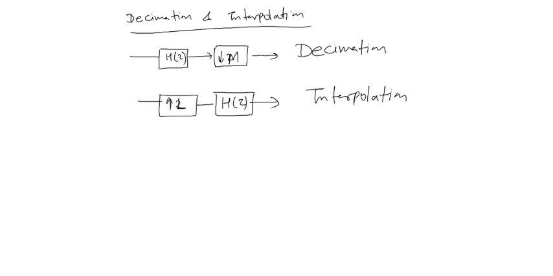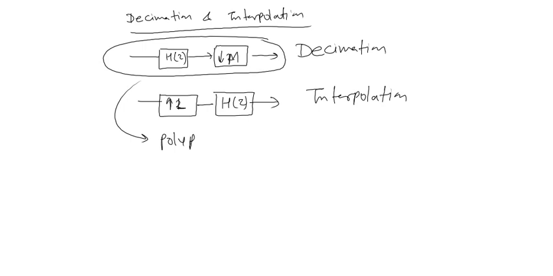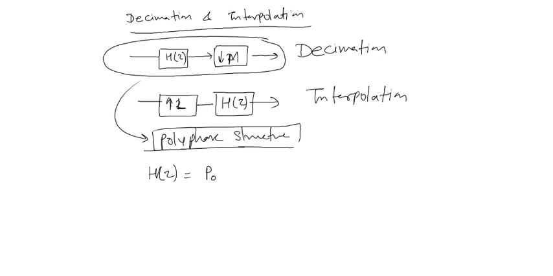So we saw how a decimation can be implemented using a polyphase structure. The polyphase structure says that you can do this particular decimation operation by dividing the filter coefficients into polyphase components, right? Depending on M, let me write a general equation.